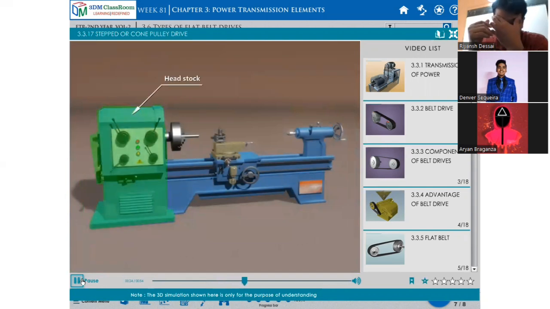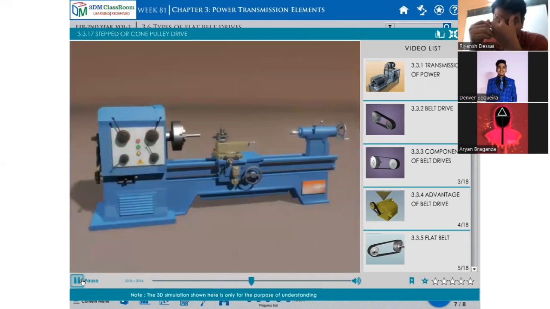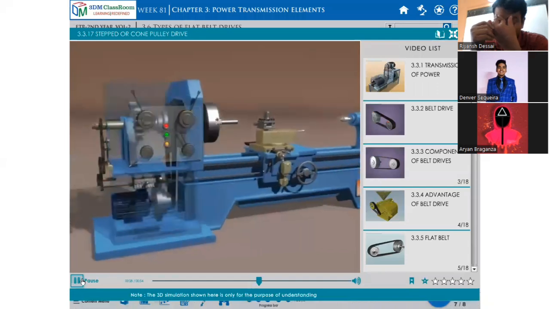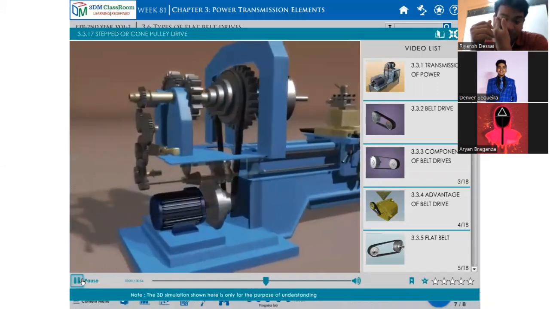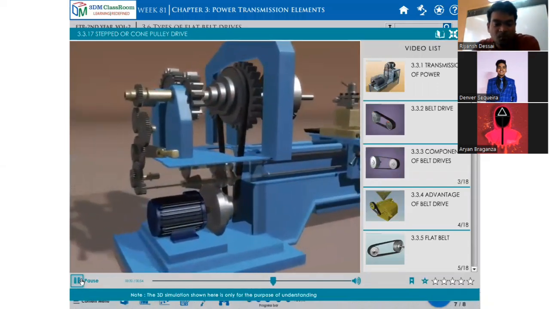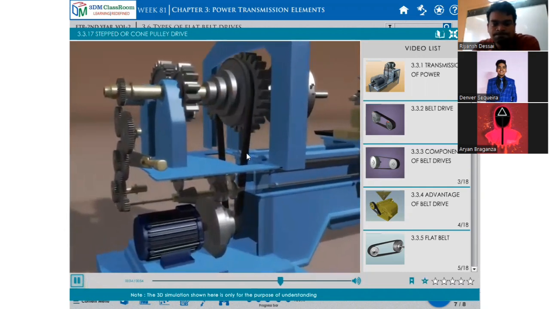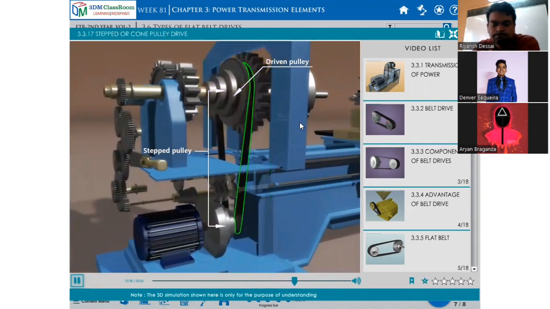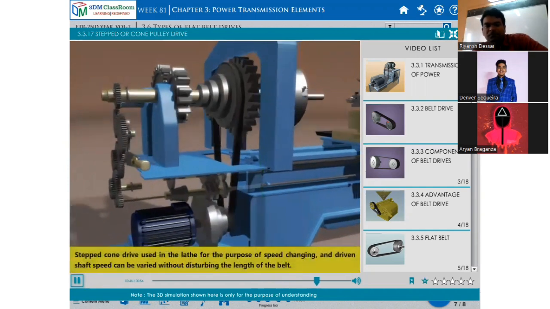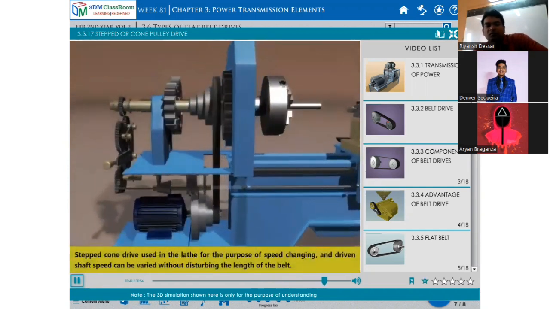Step pulley, driven pulley, belt, driver pulley. Step cone drive is used in the lathe for the purpose of speed changing. This we already discussed in the lathe topic also. Step cone.